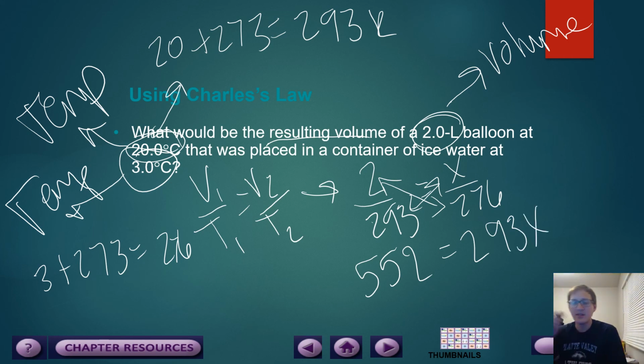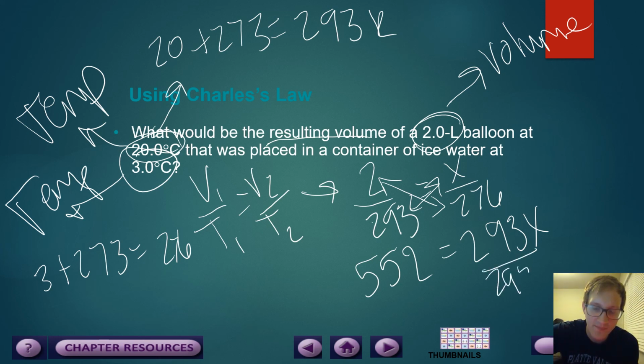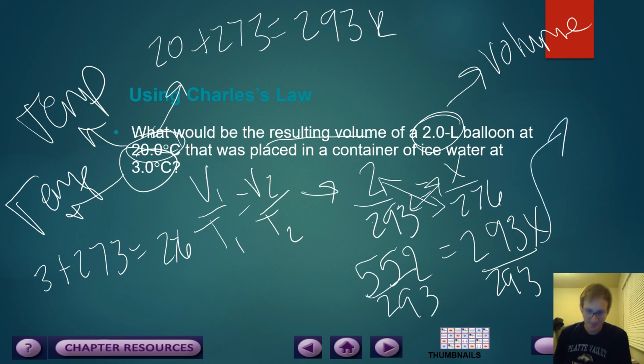Lastly, to get x by itself, I'm just going to divide by 293 on both sides. Your math teachers would be disgusted by my organization here, but that's okay. And I'm going to get that 1.88 equals x.